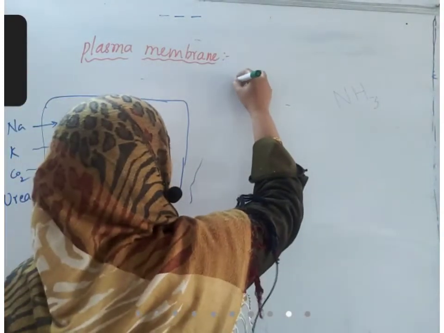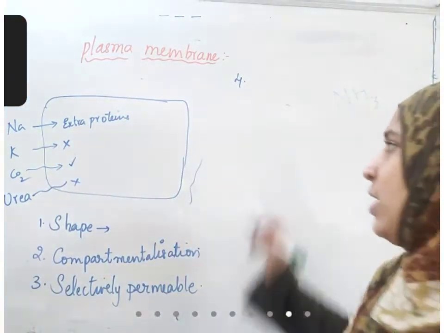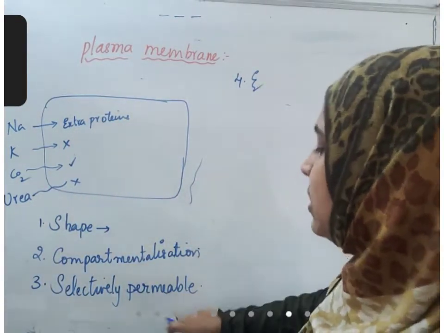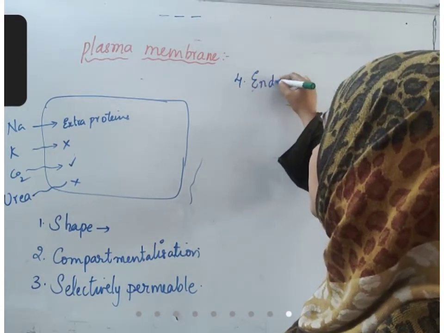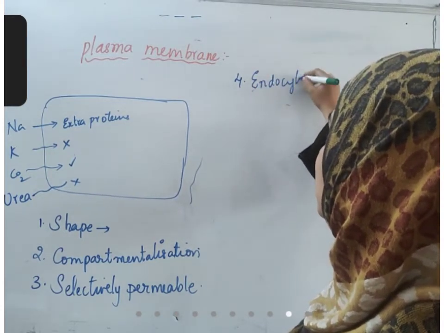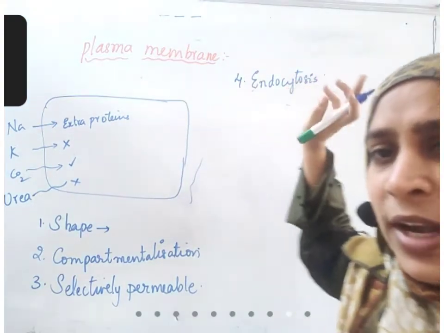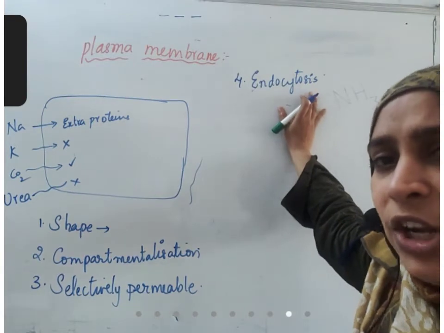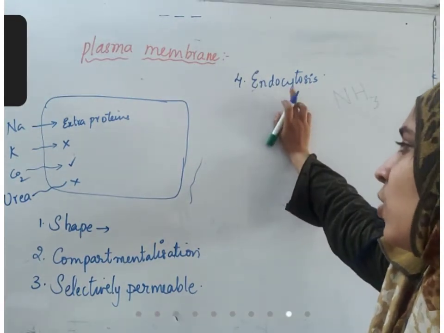Next function is endocytosis. Endocytosis is different from this permeability. Yesterday what we discussed is endosmosis, entry of water inside the cell. Here this is endocytosis.